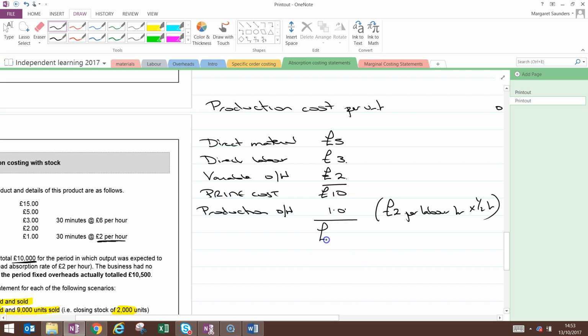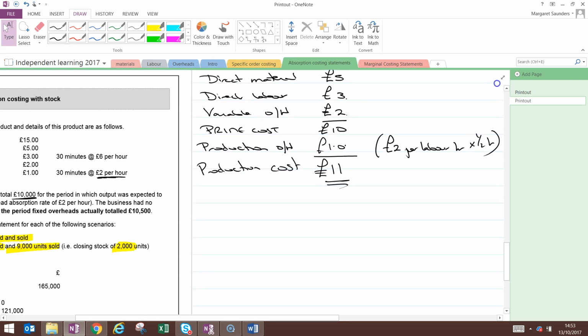So our production cost, £11. Now that we know our production cost, we can go on and produce the absorption costing statement.